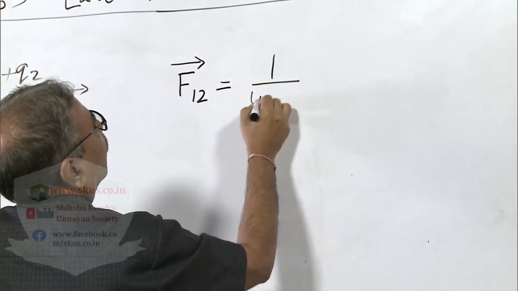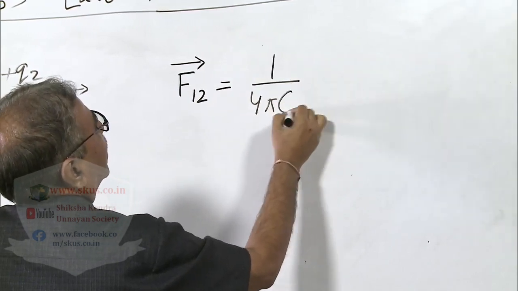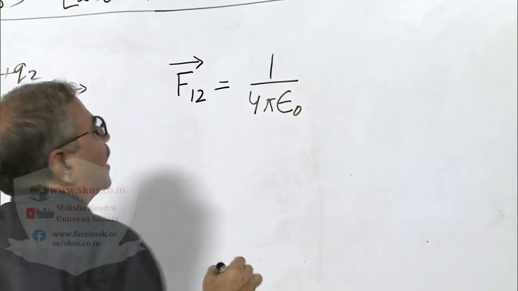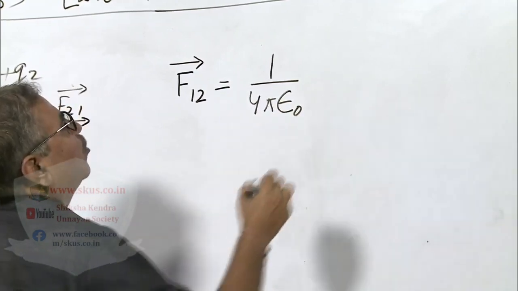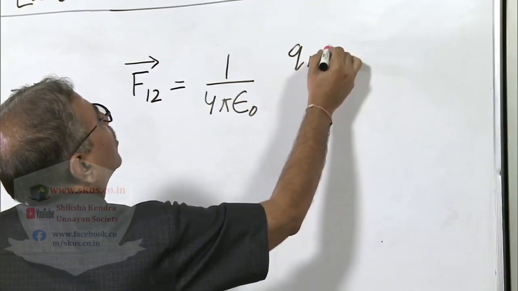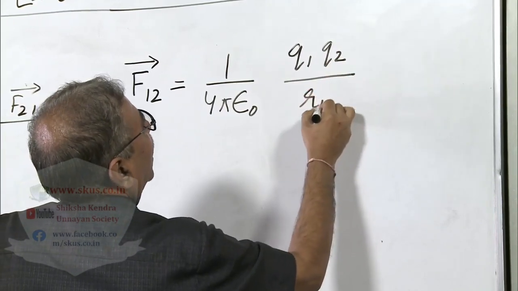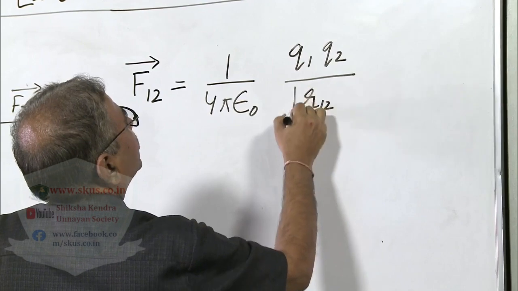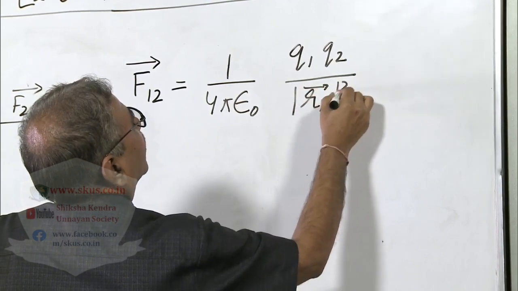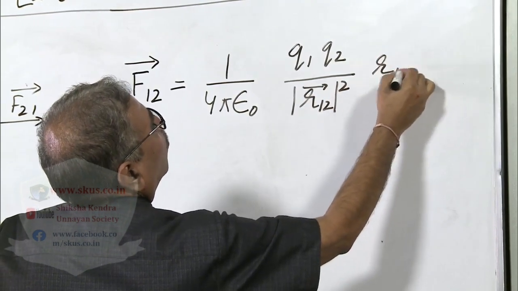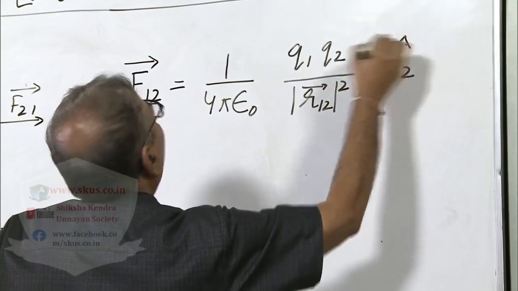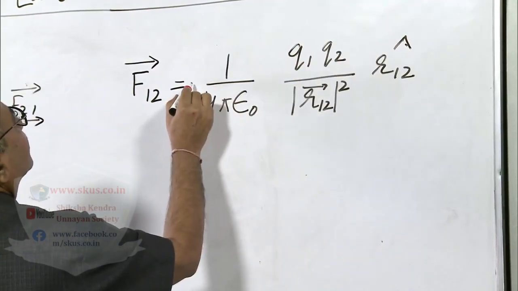F12 equals 1 upon 4 pi epsilon naught, as they are separated within vacuum, Q1 Q2 upon R12 magnitude square, R12 cap, with a negative sign.